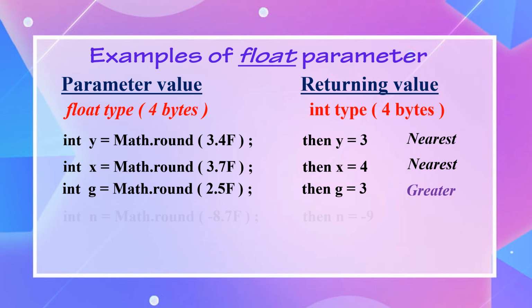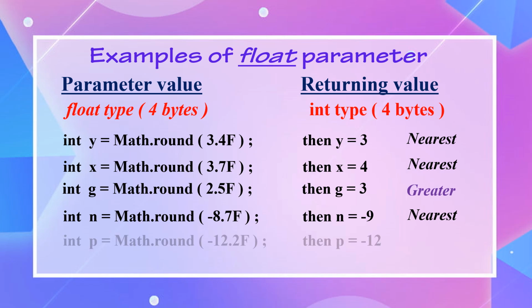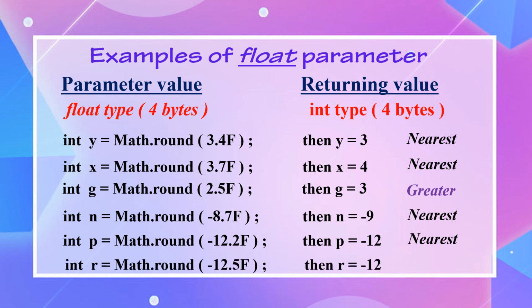Now minus 8.7 will become minus 9, nearest one on the lower side. Minus 12.2 will become minus 12, that is on the higher side, the nearest value. And again 0.5 will take it to the greater side, that is minus 12.